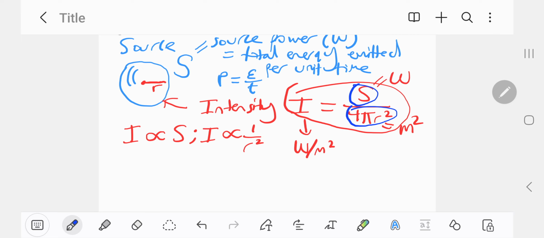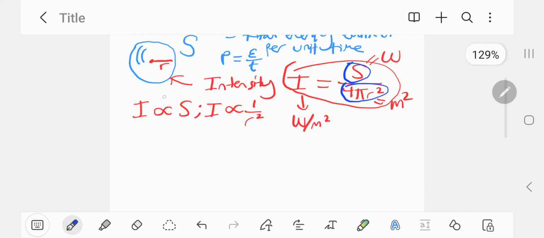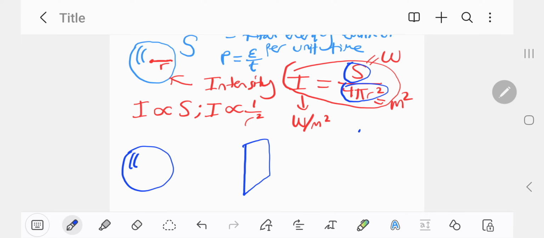Now what happens as we move away from the source? Here's what happens. So let's imagine the same source there. Let's bring it down here. Let's have an area here and another area here. I'm drawing them in different sizes for a couple of reasons. I'll explain why in a sec.